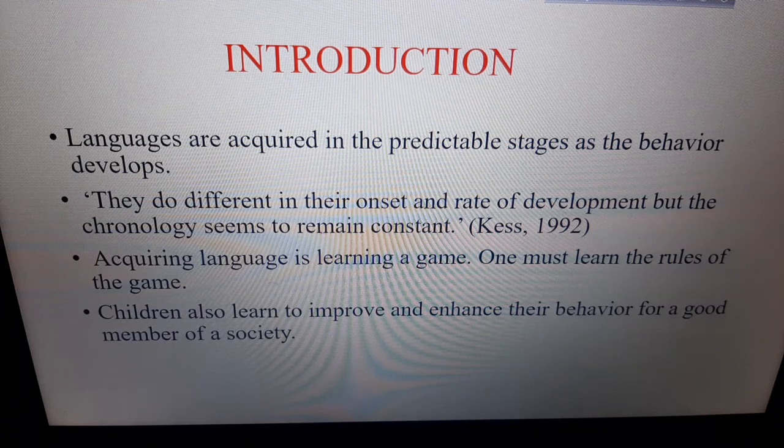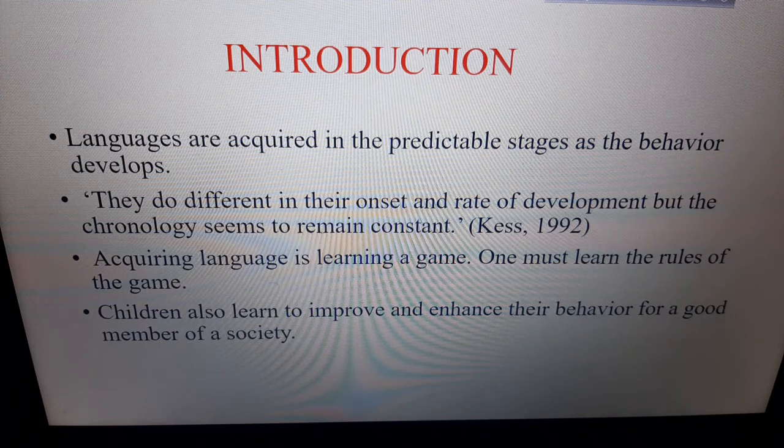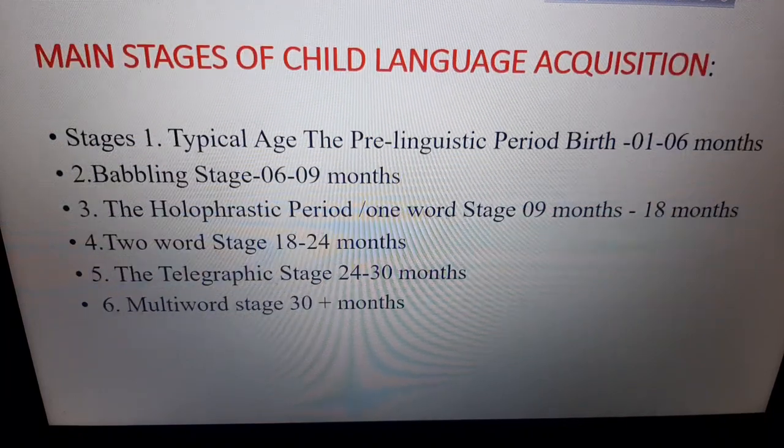They differ in their onset and rate of development, but the chronology seems to remain constant. Acquiring language is learning a game. One must learn the rules of the game. Children also learn to improve and enhance their behavior to be a good member of a society.